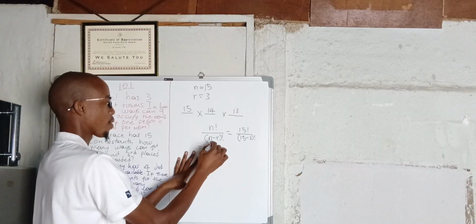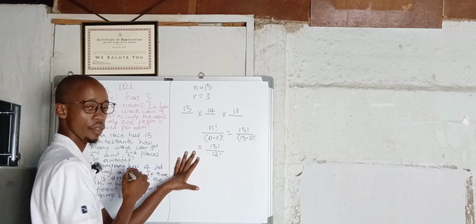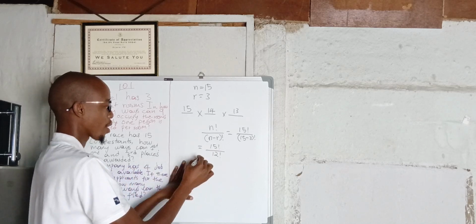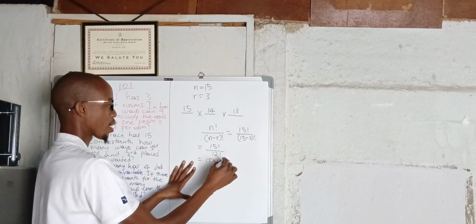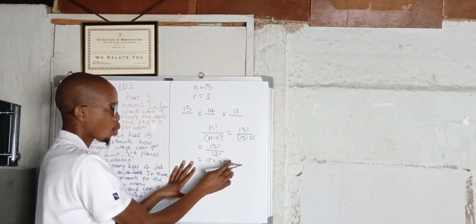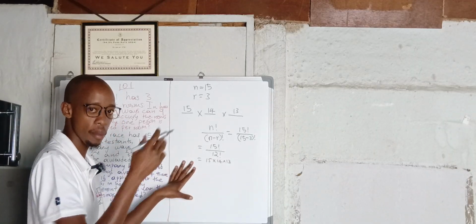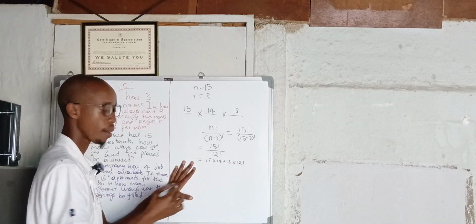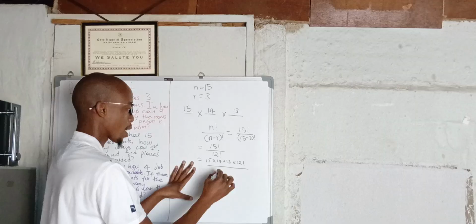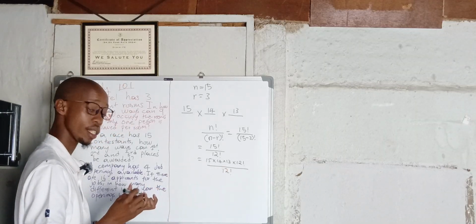We'll end up saying 15 factorial over 12 factorial, since 15 minus 3 gives us 12 factorial. Let's simplify it further: 15 multiplied by 14 multiplied by 13, and as we know, from 12 going downwards is 12 factorial, because it's 12, 11, 10 up to 1. So I can write it as 12 factorial. And then in the denominator, I have 12 factorial. What must I do?